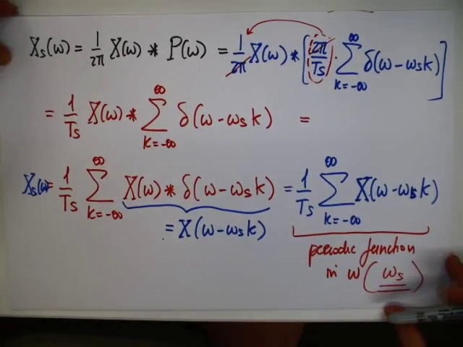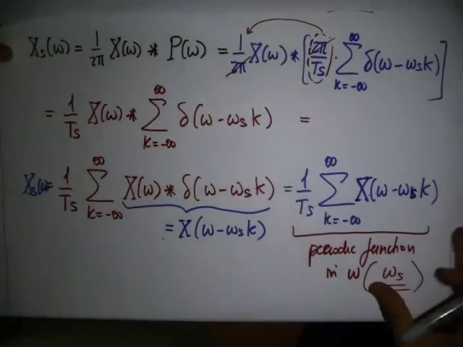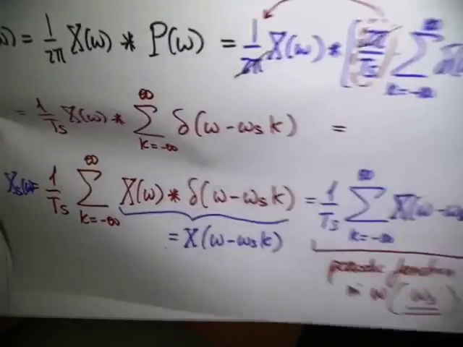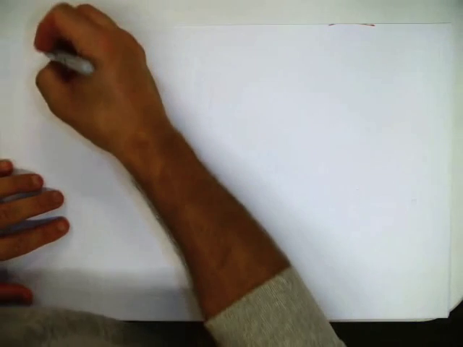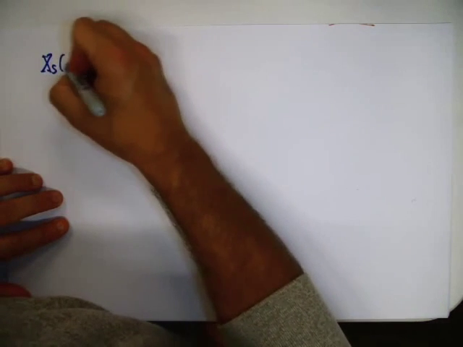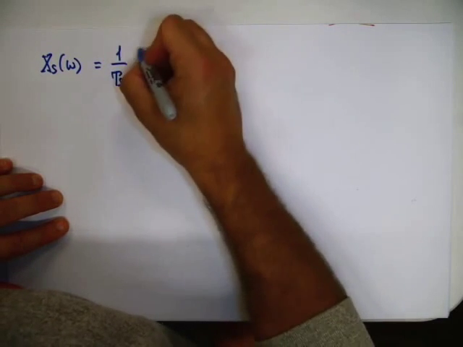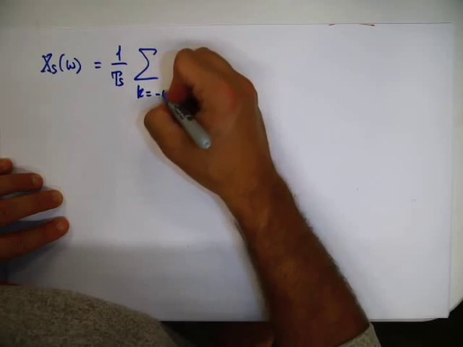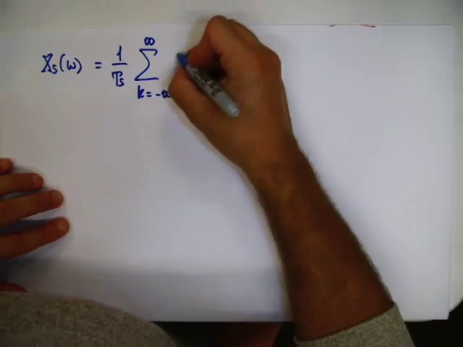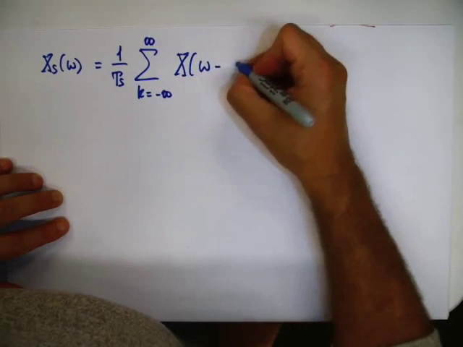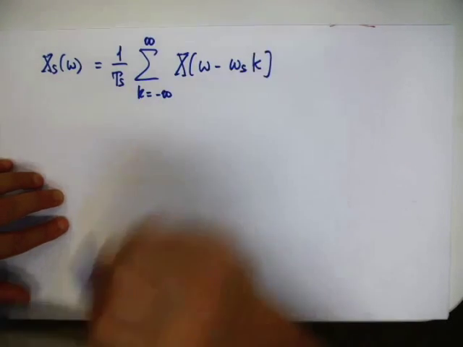So indeed, we got our results here. Okay. Now we can do something, because we showed that X_s of omega, the spectrum of the Diractified signal, is equal to 1 over T_s the infinite sum from k equals minus infinity to infinity of the original spectrum shifted by omega_s k.